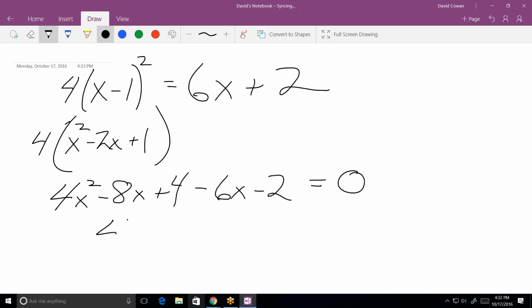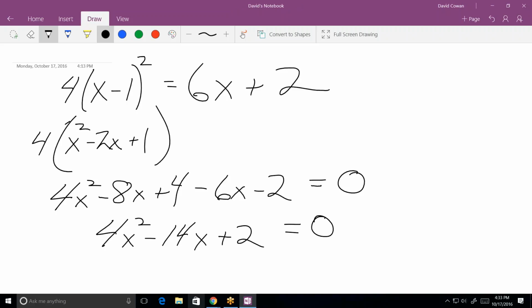4x squared minus 14x minus 2. Plus 2, I think. Okay, what's the next step? Always think greatest common factor as a first step. Is there a greatest common factor that I can take out of that?